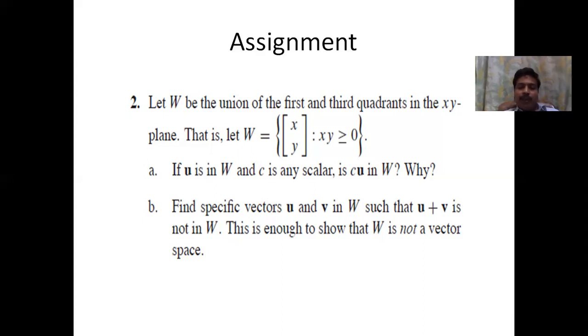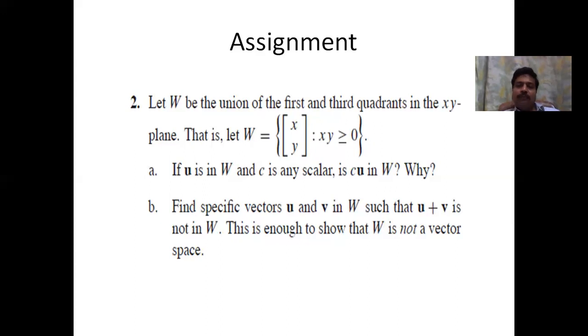Now the second point: find specific vectors U and V in W such that U plus V is not in W. Here we have to show that it is not closed under vector addition. So you have to choose some vectors U and V such that the resultant vector is not in this union. Let us take U as (1, 5) and V as (-3, -2).